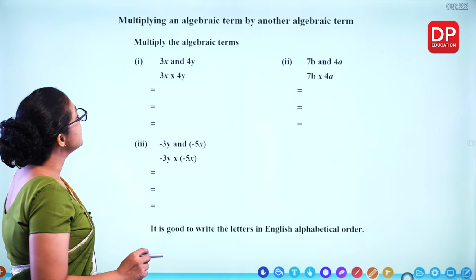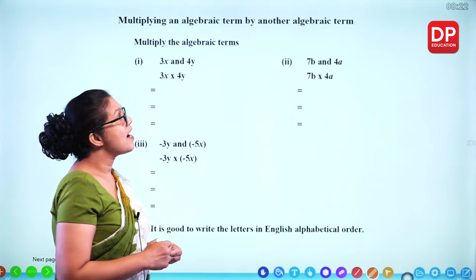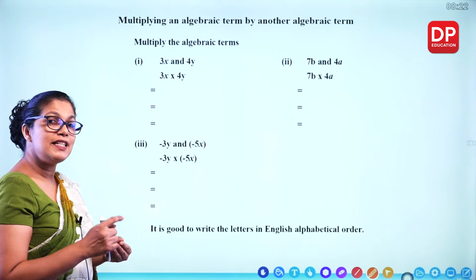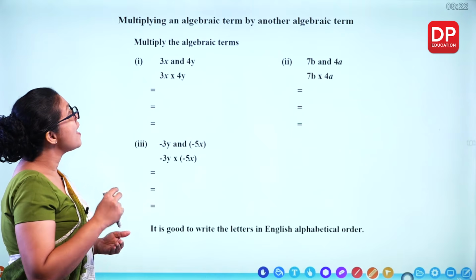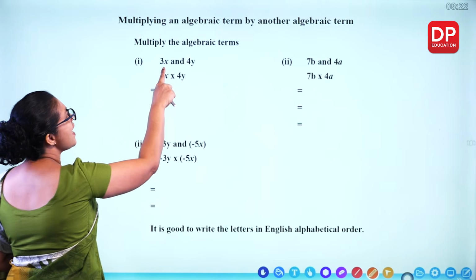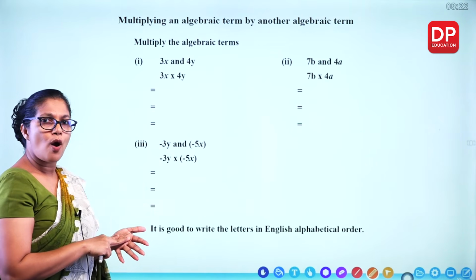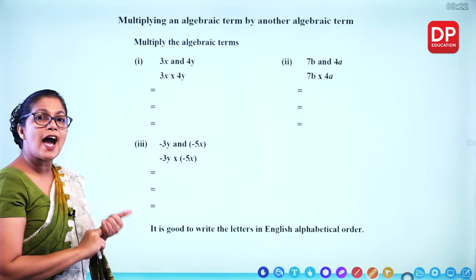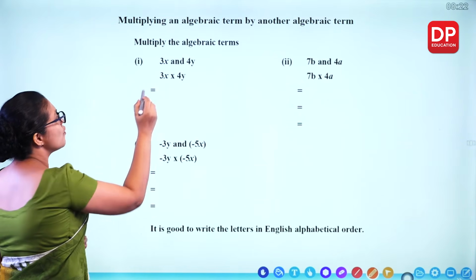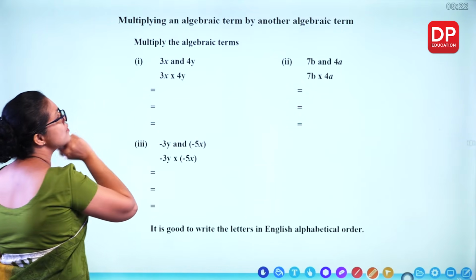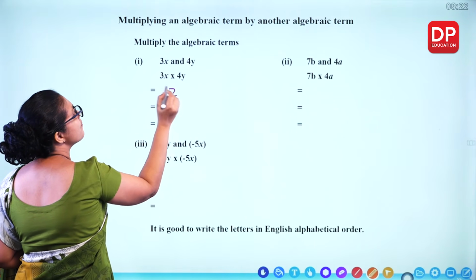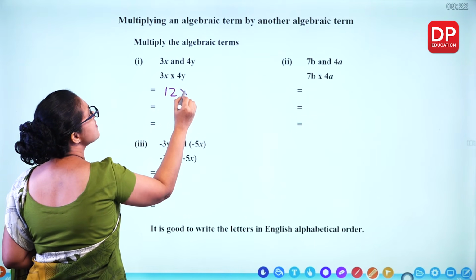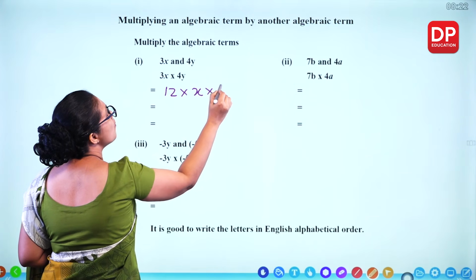Now we'll do multiplying an algebraic term by another algebraic term. Earlier we multiplied by a constant. Now multiplying by an algebraic term. 3x and 4y. How do we multiply? 3x times 4y. So what we do, we multiply the numbers first. 3 times 4, 12. And then x and y.